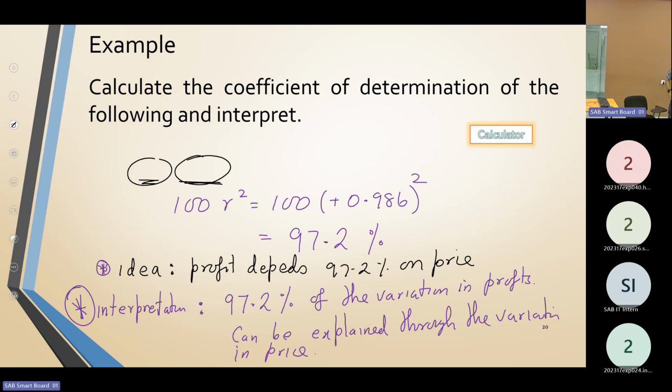So when you are given the R value, we can calculate 100 R squared. We get the idea in our mind, then put the interpretation in this format.